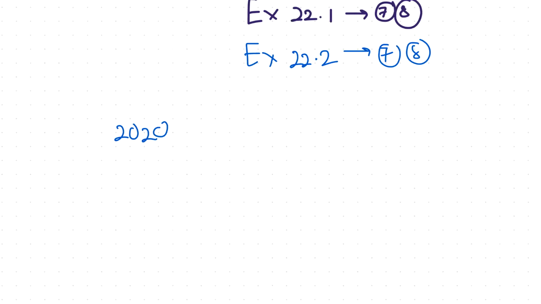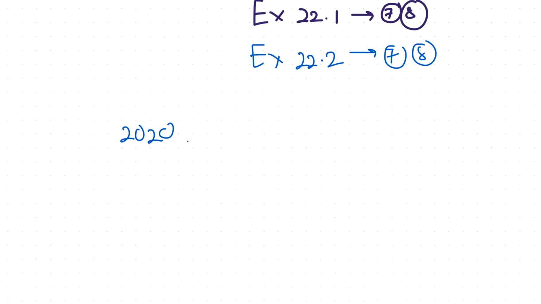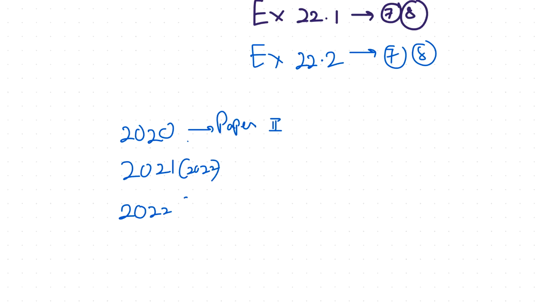Okay. So the 2020 paper 2 means the structured part, not the 25 questions of paper 1. Do everything you can in paper 2. If tangents come up, you cannot do it; if graphs come up, you cannot do it for now; and if constructions come up, you cannot. Leave those and do everything else. Then there's 2021, 2022 and 2022, 2023, both paper 2. Finish those, whatever questions you can do.